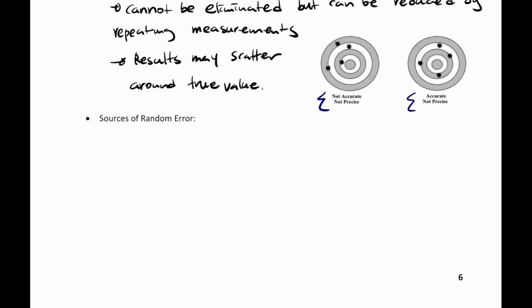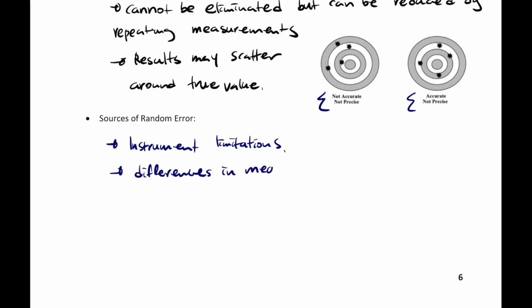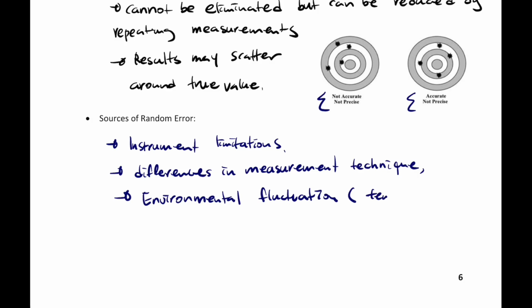Okay, so the source of the random error can be instrument limitations, like analog scale precision. When you use an analog scale, there can be error with the precision, right? Then there can be slight differences in measurement techniques. It can also be environmental fluctuation, like temperature change.